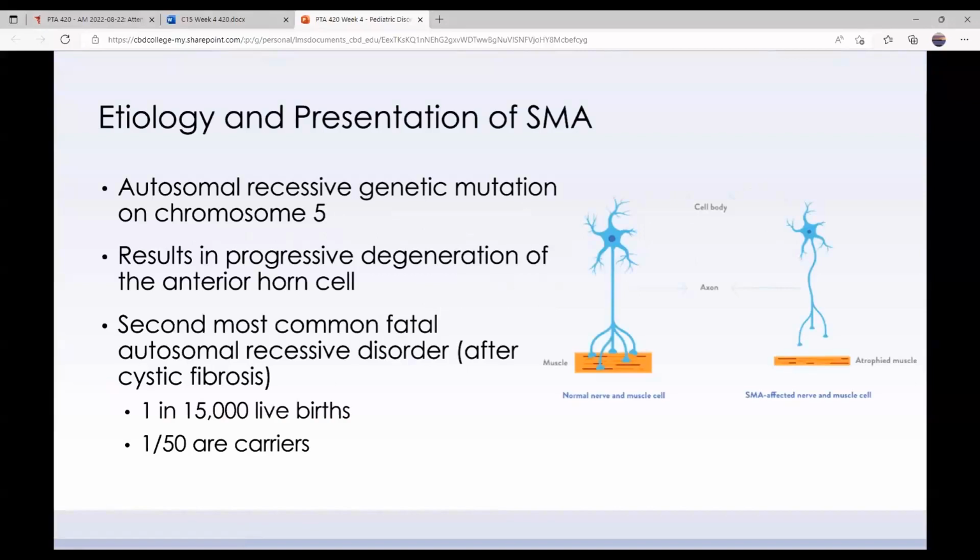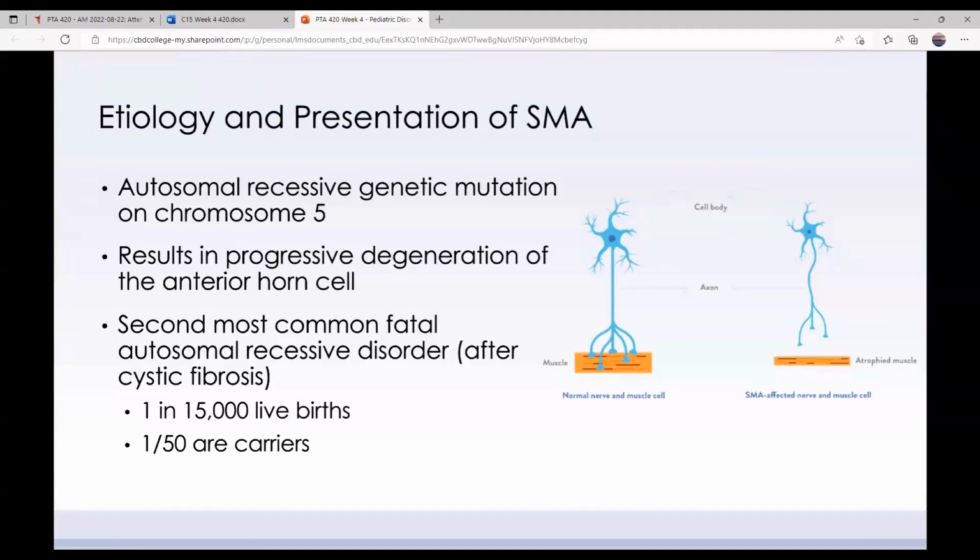As mentioned, it presents as progressive muscle hypotonia, weakness, and atrophy. They will have normal cognitive function and intact sensation. Usually their death is due to respiratory dysfunction.